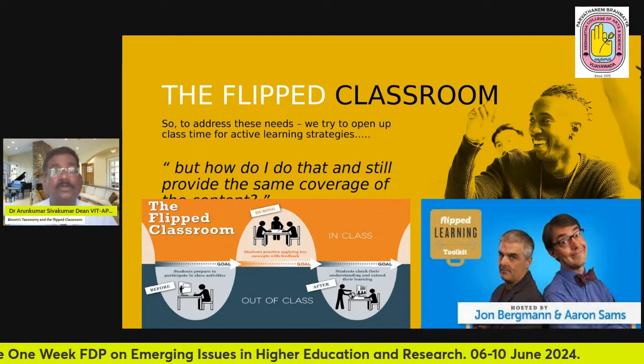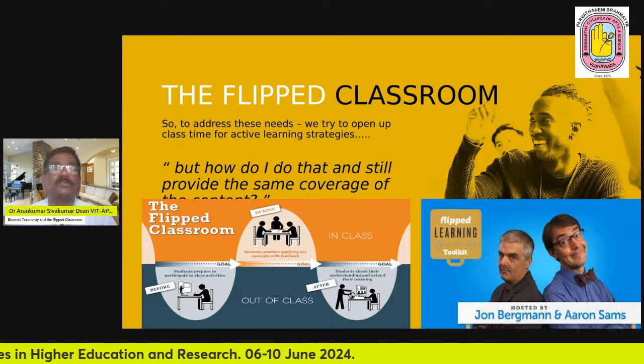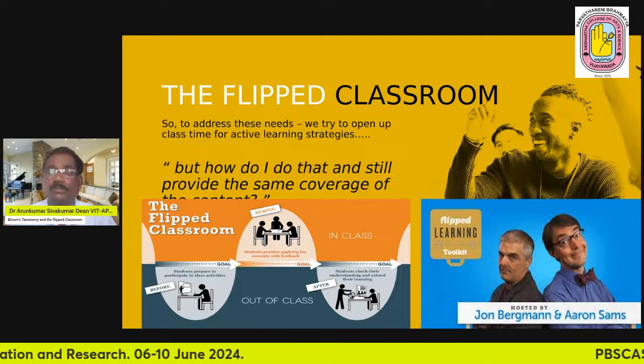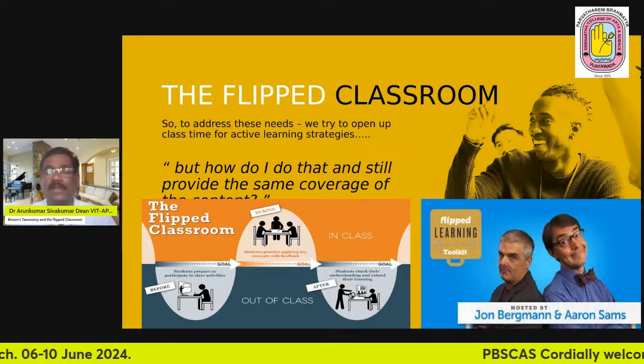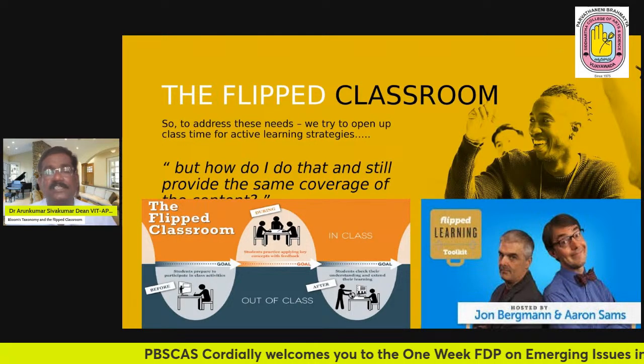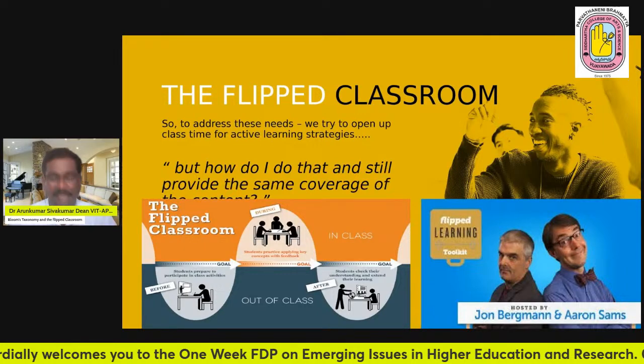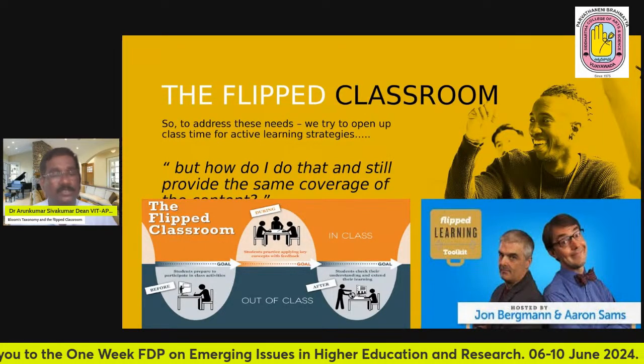If you want to earn respect among the students, what you are supposed to do is employ this approach, the flipped classroom approach. If you use this, definitely students will start respecting you, and students will also be engaged in every means of the learning process.